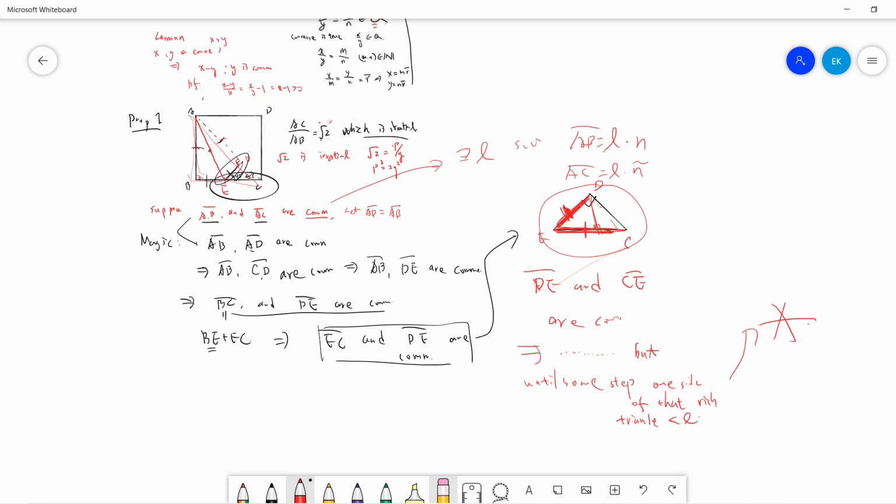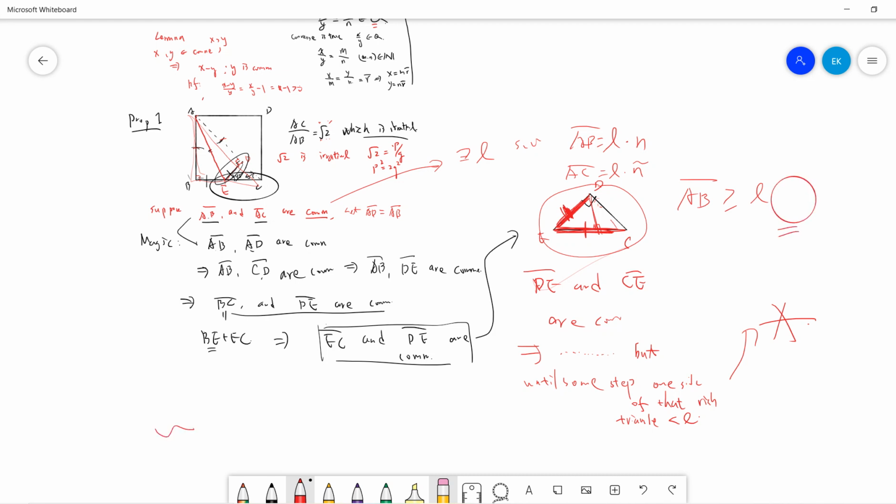Then you keep going until one side of that right triangle is less than L. But that contradicts commeasurability, because the reason is easy: suppose AB is commeasurable by L, then AB must be greater than or equal to L, otherwise there's no integer you can put in here.